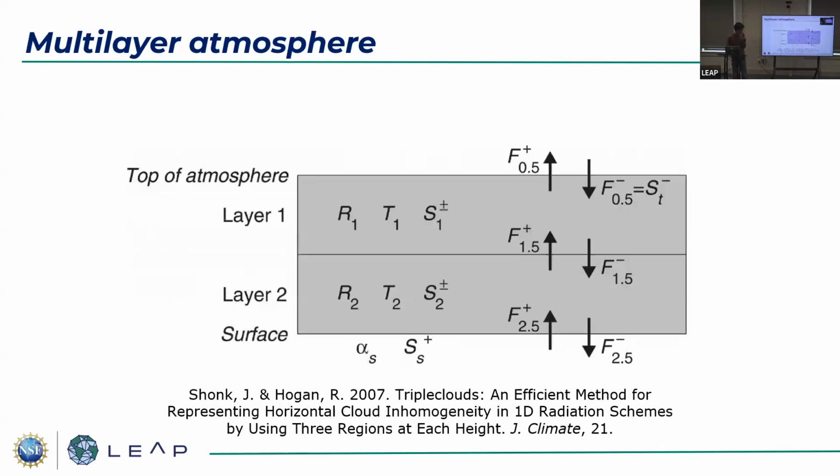But okay, we are in the last part of my presentation. Everything I showed before is just for a single layer atmosphere. However, realistically, we usually want to stratify the atmosphere into multiple layers. There's a nice schematic here to show you how that would look.